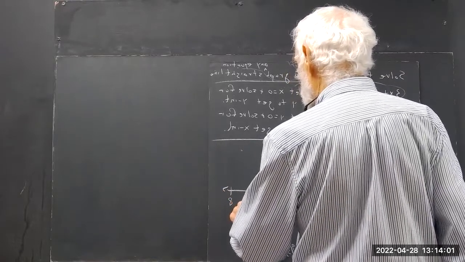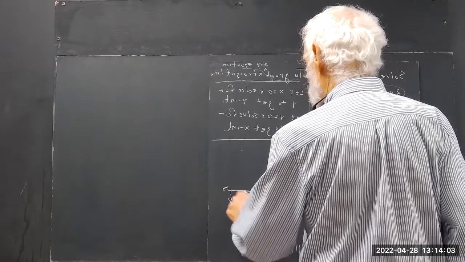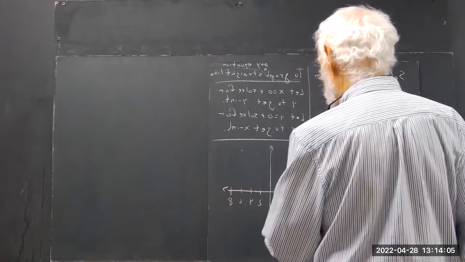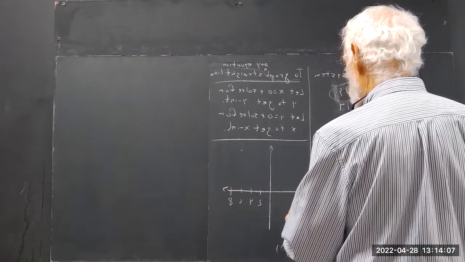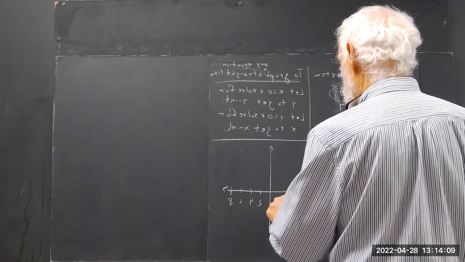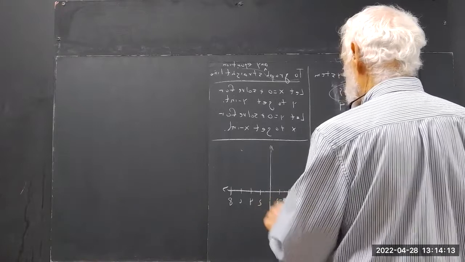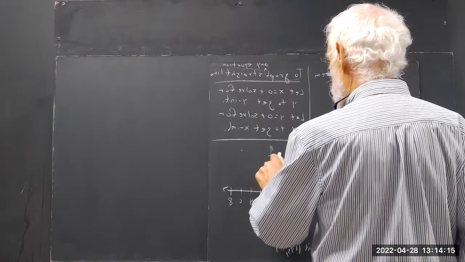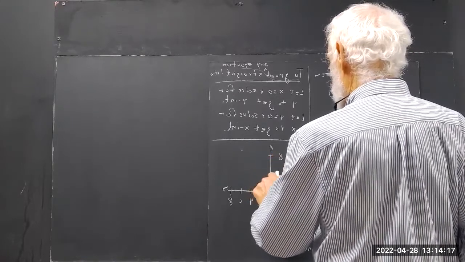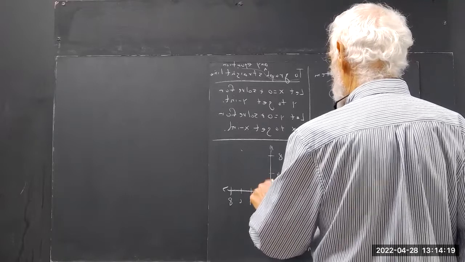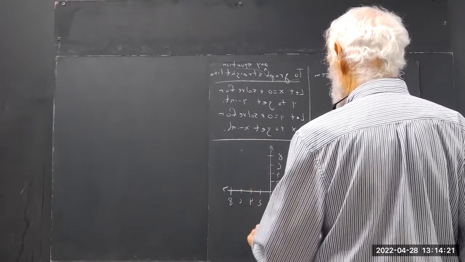So let's go 8 and 4, and 2 and 6, and -8, -4, -6, -2. We'll go up to 8 here. We'll have 4 here, 2 here, 6 here. We'll go down to -8.